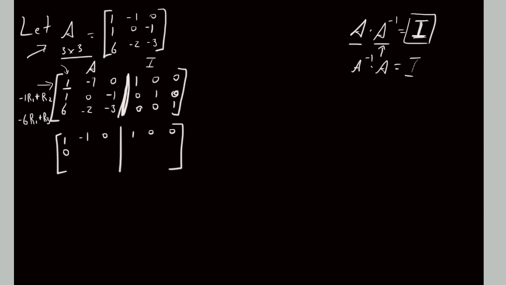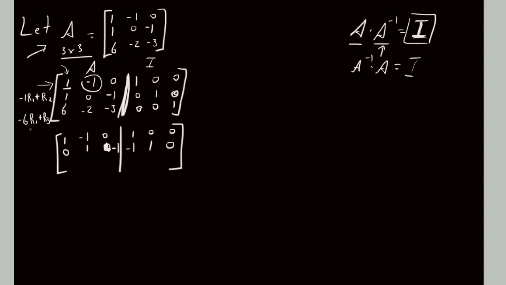But negative 1 times this negative 1 here is positive 1, and positive 1 plus 0 is, of course, 1. And then negative 1 times 0 is 0, and 0 plus anything is itself, so this needs to stay negative 1. Apologize. And then we also say this, okay, so negative 1 times positive 1 here is negative 1, plus 0 is negative 1. 0 times anything is 0, so 0 plus anything is itself, so those are just going to stay the same.